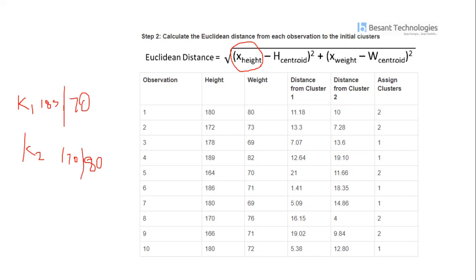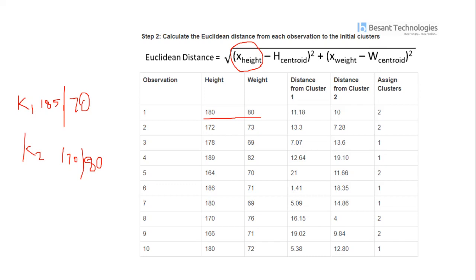Now we will check the k1 and k2 values against all our distances. For 180 and 80, this 180 from our 185, how much distance is this? Between 185 and here we have 10, so in total we get 11.18. So the distance from k1 is 11.18 and from k2 it is 10. Which is the closer distance? That is k2.